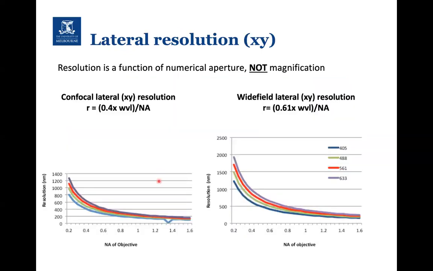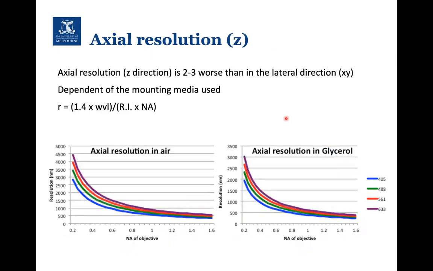As I say, there are equations behind that. So here's an example of the confocal versus the wide field lateral resolution equations. There's also an equation for the axial resolution, so the Z resolution. You will find that that is about 2 to 3 times worse than in the lateral direction.